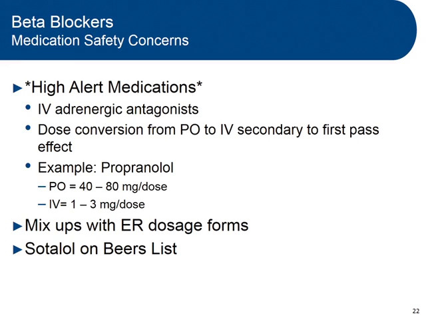So being very cognizant of those dosage forms and the fact that they can get easily mixed up with the immediate release dosage forms is very important. Finally, Sotalol, which is one specific beta blocker, is on the Beers list because it can cause problems for elderly patients.